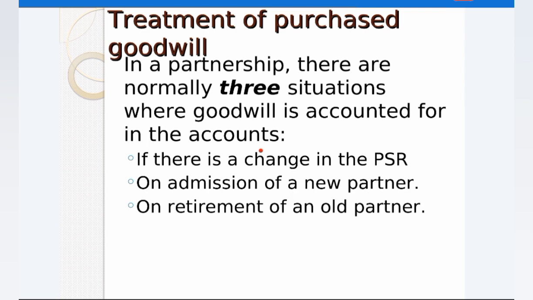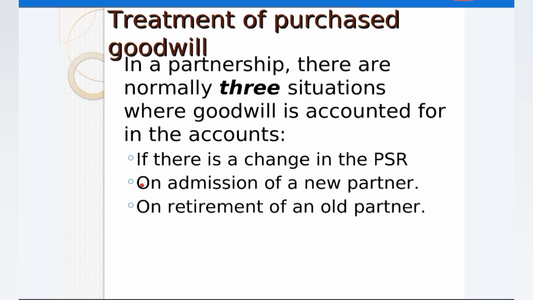So there are three ways in which this goodwill will arise. So there are three situations when goodwill is created in our books of accounts. The first situation is when there is a change in the profit sharing ratio. So when the partnership decides to change the profit sharing ratio, then goodwill will be created. Number two is when a new partner is admitted.